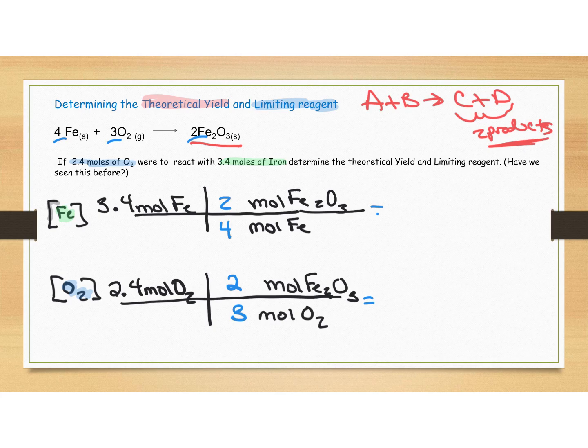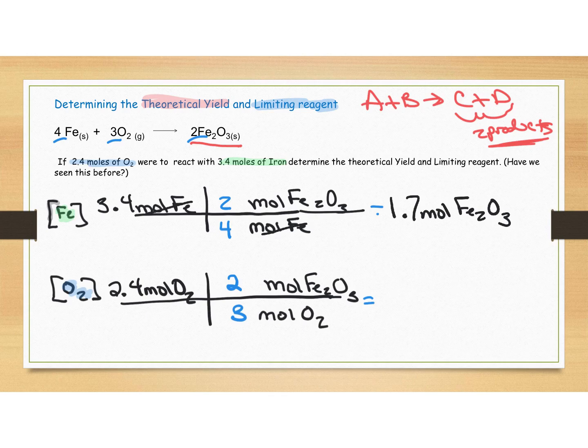So in my calculator, I'm going to put 3.4 times 2 divided by 4. I get 1.7 moles of Fe2O3, because the moles of iron cancel out.